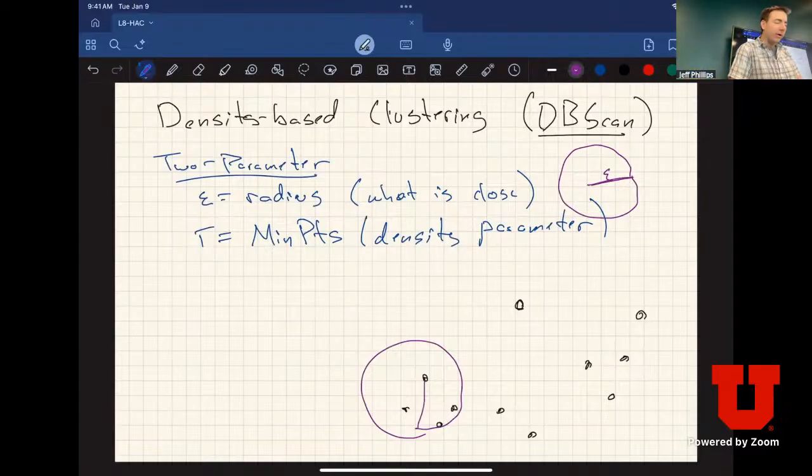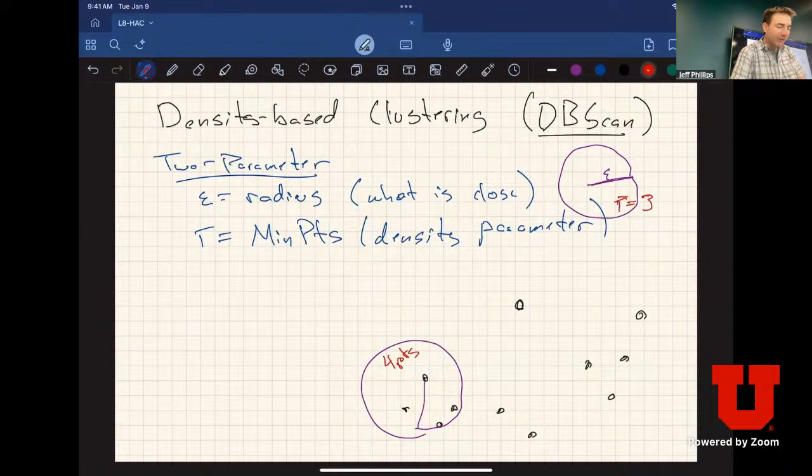Then I want the density parameter, the min number of points, to say: are there at least tau points inside this ball? So let's run an example where this is epsilon and tau is equal to 3, including the point itself. So this circle here has 4 points inside of it, this purple circle of this radius: the point itself and then 3 other points.